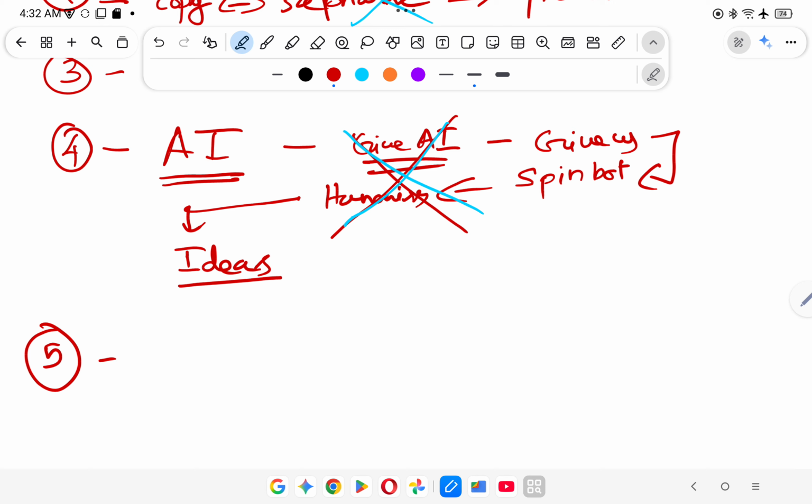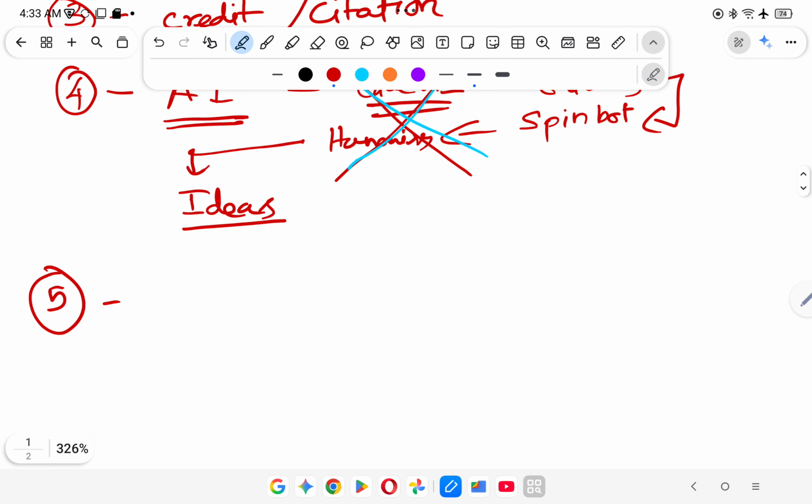Maybe for review of literature or something like that, you need to collect data, you need to look through vast databases. Maybe you can use it there to reduce your workload, but you cannot use it for writing. It is not ethically right. But can you get away with it? Yes, most probably you can, but that is not ethically right. You cannot do that.